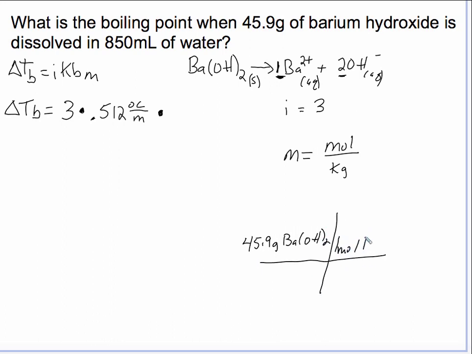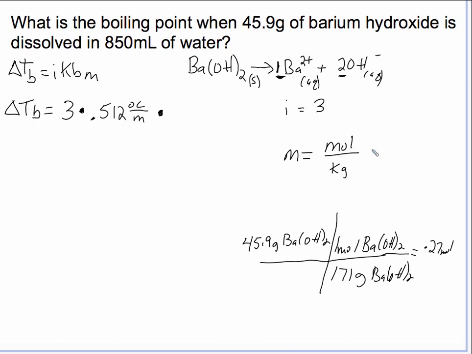So for every 1 mole of barium hydroxide, if you add up the molar mass, it rounds up to about 171 grams of barium hydroxide. That's the molar mass. And so if you do that, that gives you about 0.27 moles.